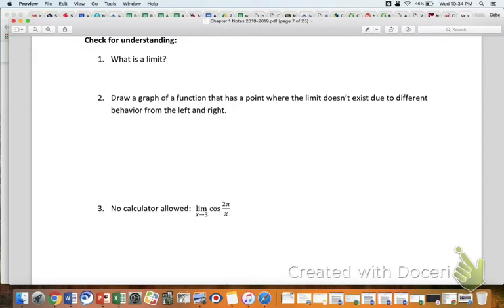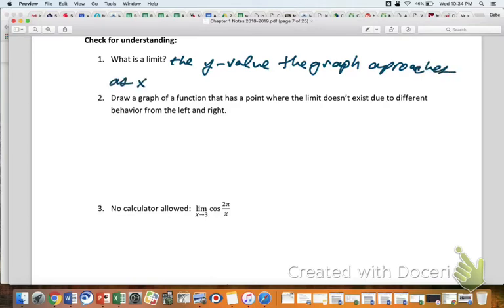All right, first question. Hopefully you have these answered. What is a limit? This is not a mathematically precise definition, but it's a good description. What is a limit? It is the y value the graph approaches as x gets closer and closer to an x value.